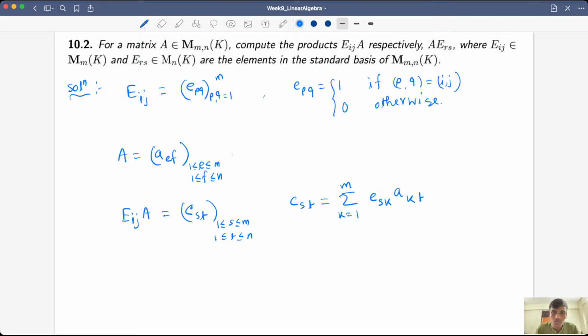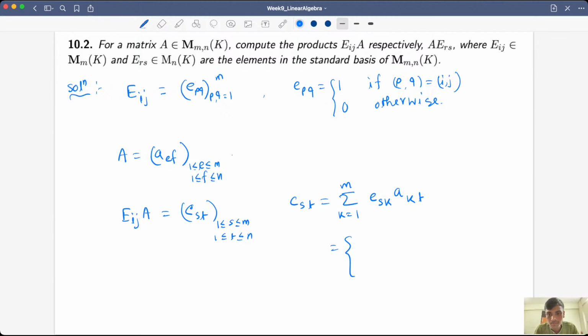Yeah, so only if s equal to i and k equal to j is the entry 1; otherwise it is 0, right? So the only surviving term is there.